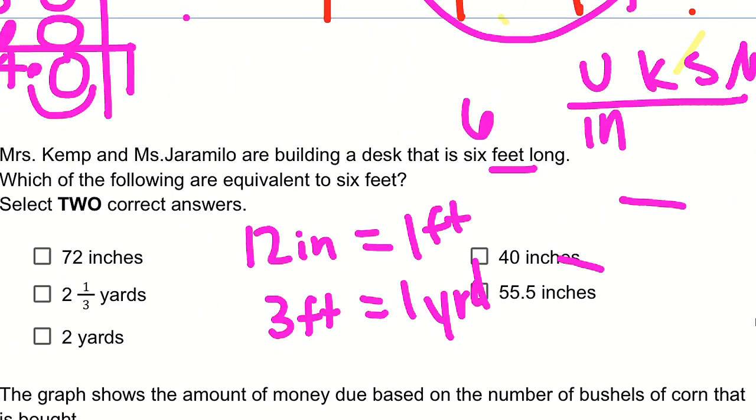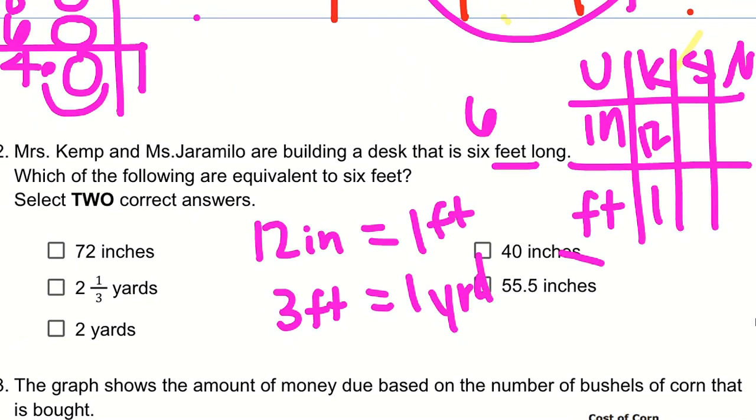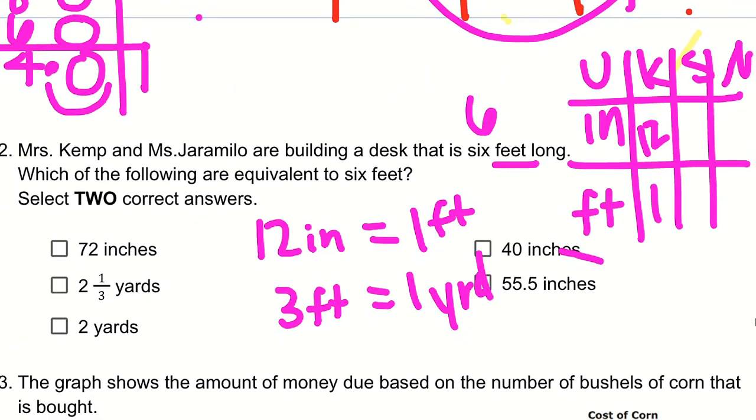And then my bottom one is feet, because that's what we got. There was 1 foot for every 12 inches. We've got to get it to 6 feet, right? So 1 times 6 gives me 6.